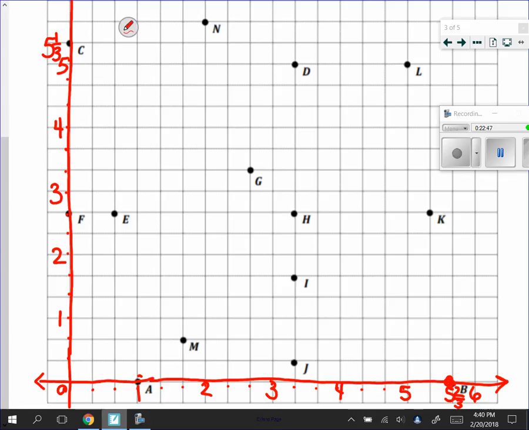So you need to be working with your partner to try to use this grid. You need to follow the directions, use this grid to answer these questions, and then we'll check it. So I'm going to give you about 15 minutes to work on this, and then you'll check your answers. So do that, and pause.